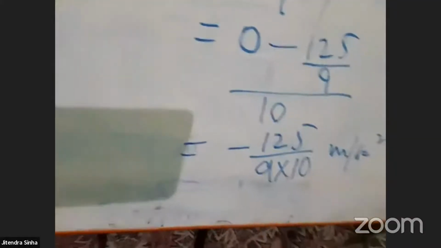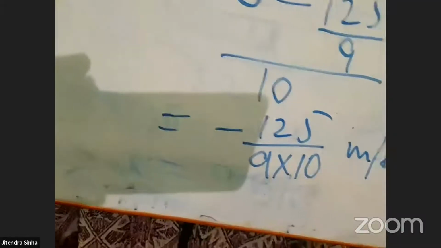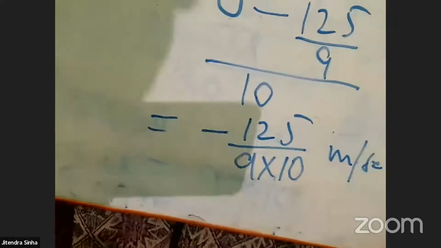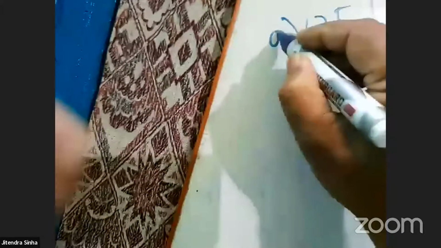Minus 125 by 9 into 10. ये आपका आ गया मीटर पर सेकेंड स्क्वायर. ठीक है, यू कैलकुलेट इट. कैसे करेंगे इसको? 125 by 90, you just do the calculation. 125 by 90, how much you are getting?